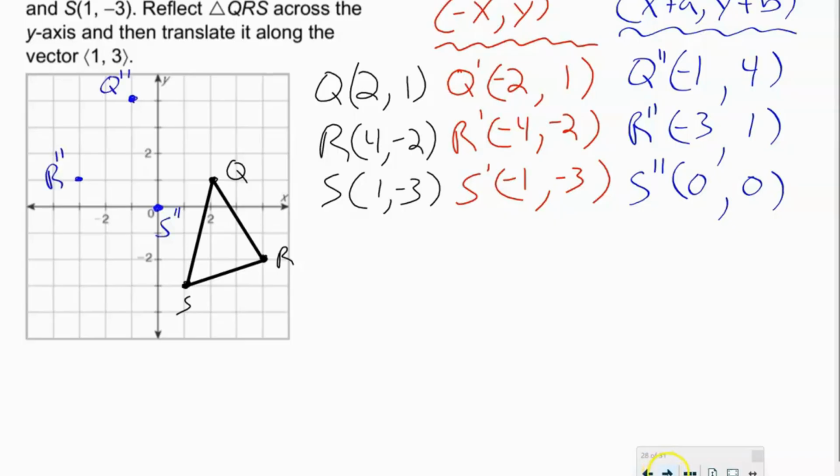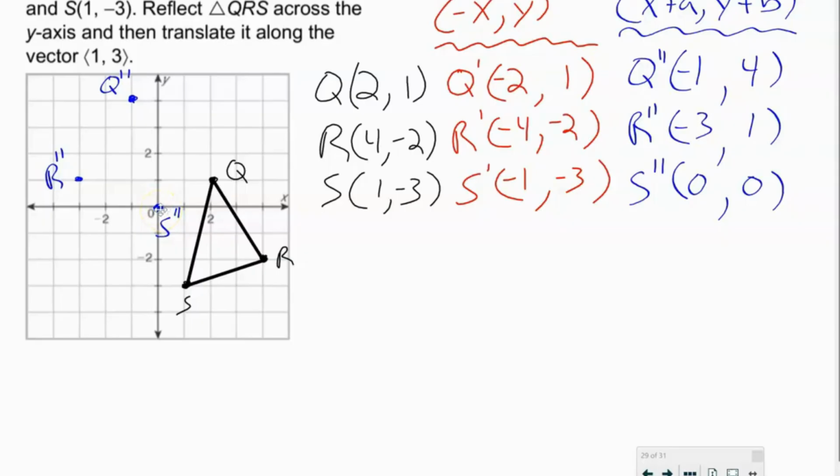All right, next we're going to go ahead and plot out the points here. We got Q, which is (-1, 4): go back 1, and go up 4. And then we got (-3, 1): go left 3 and up 1. And S prime is going to be (0, 0).